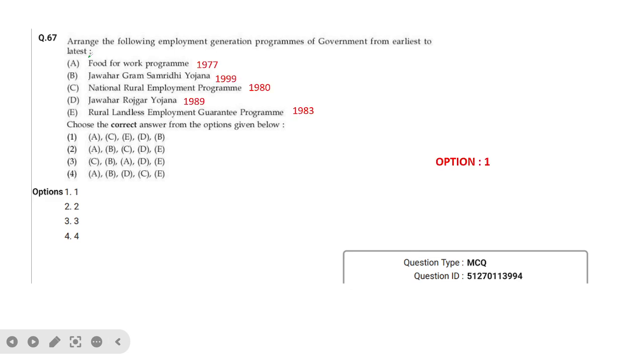Food for Work Program started in 1977. Then National Rural Employment Program 1980. Then Rural Landless Employment Guarantee Program of 1983. Then Jawahar Rozgar Yojana 1989, and then Jawahar Gram Samriddhi Yojana 1999. So option 1 will be the right option.